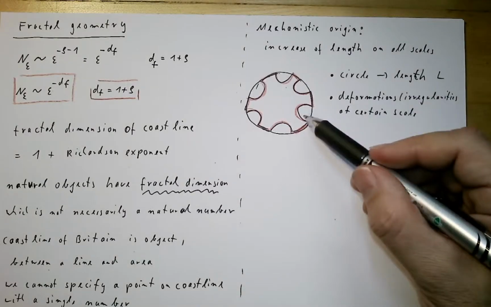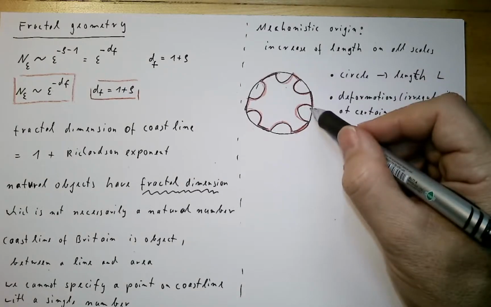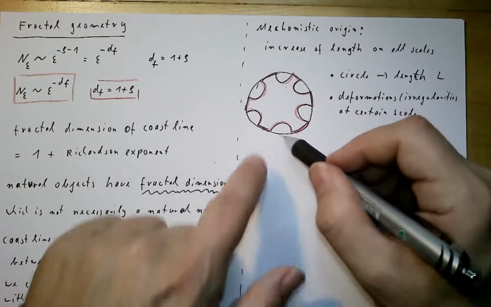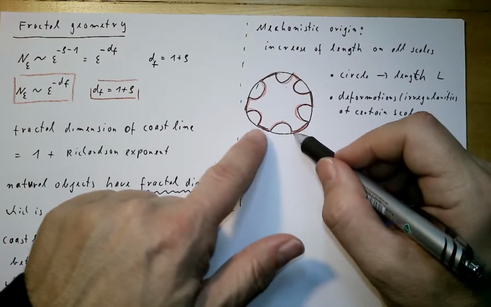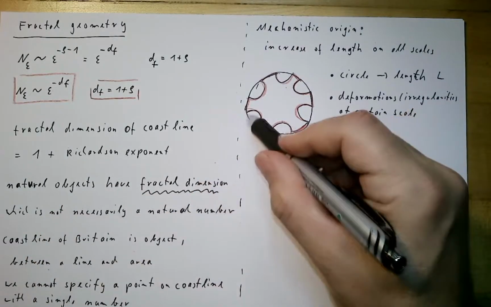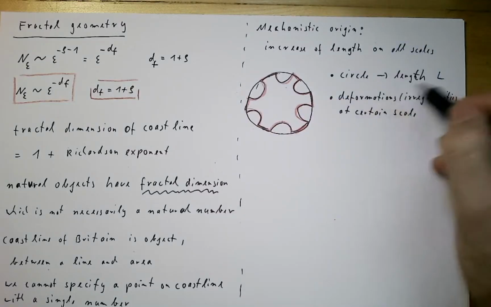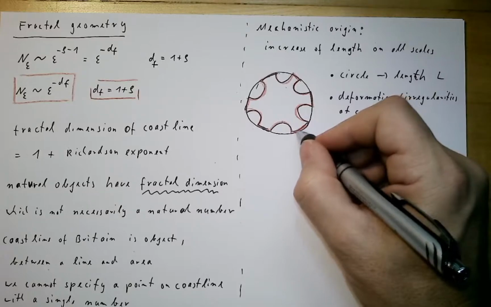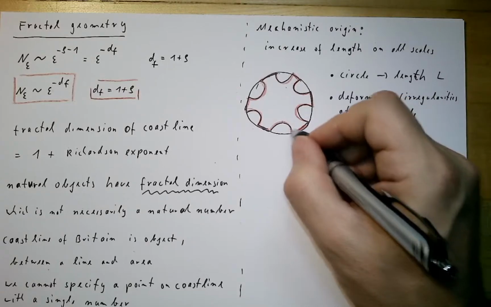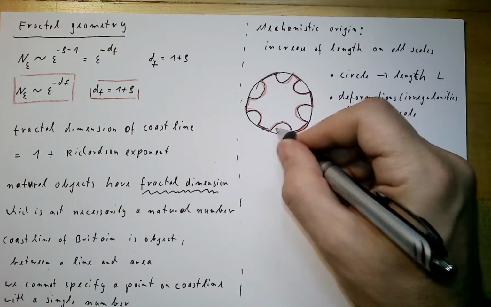So now we have this object here, and if you look at this object at large scale, so if you measure the length and you have a scale which is larger than the typical half circles we put in here, we would have the same length. But if now we take smaller scales, then we see the length is increased.